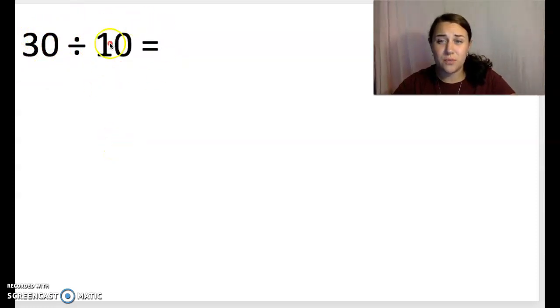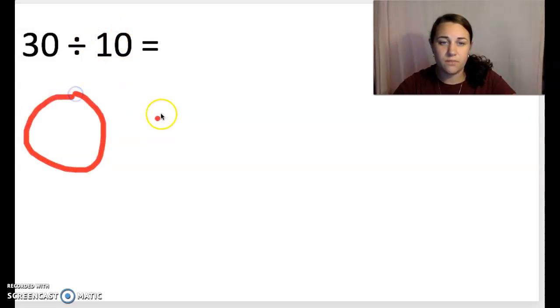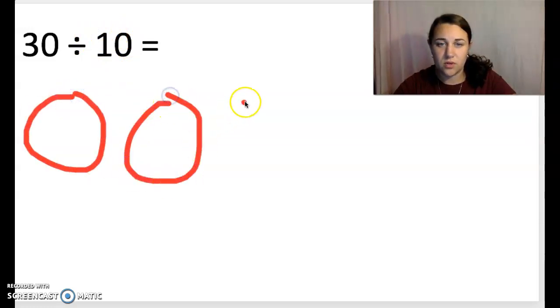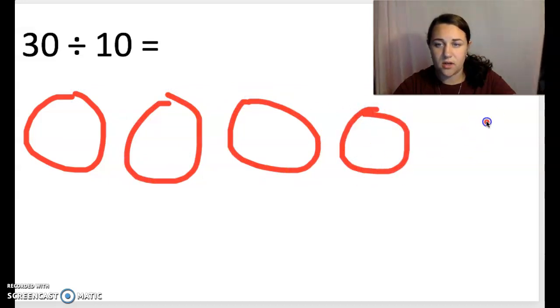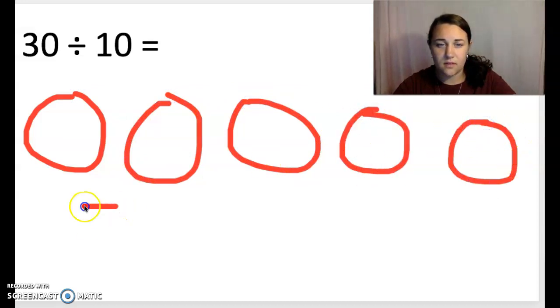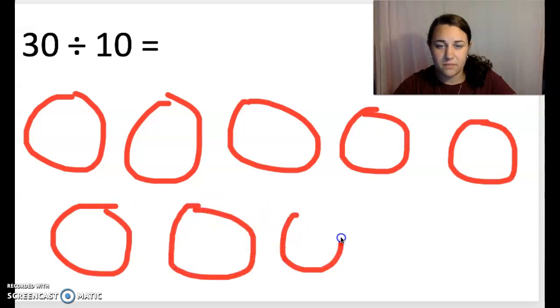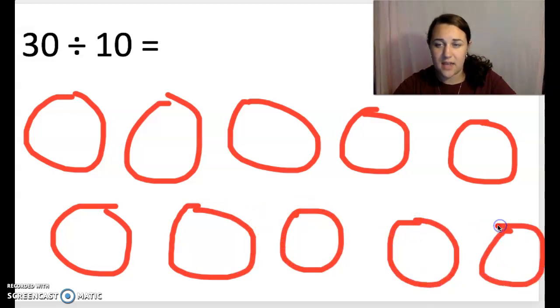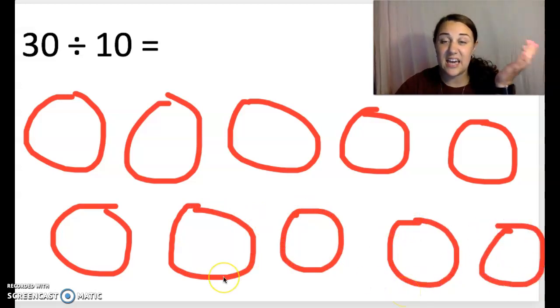My first step would be to make 10 groups. 1, 2, 3, 4, 5, 6, 7, 8, 9, 10. So I have my 10 equal groups.